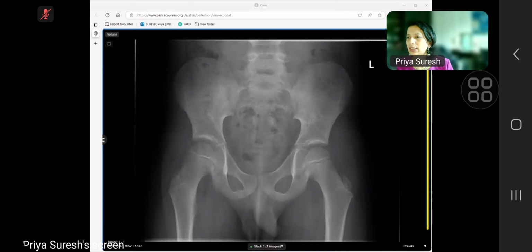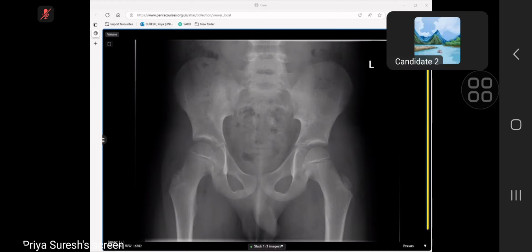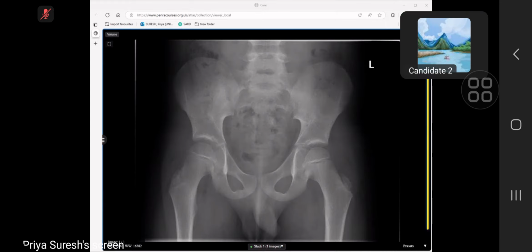so this is a very young 10-year-old with a limp on the right side. Okay, this is the X-ray pelvis frontal projection of a patient who has presented with a limp on the right side.